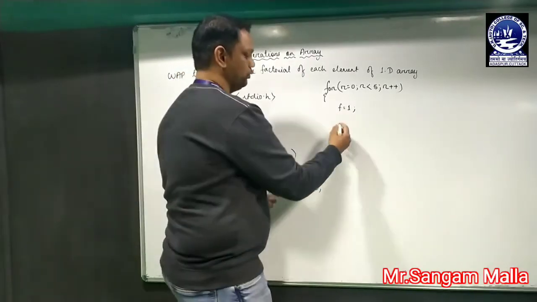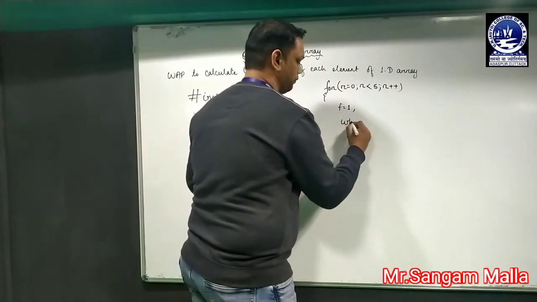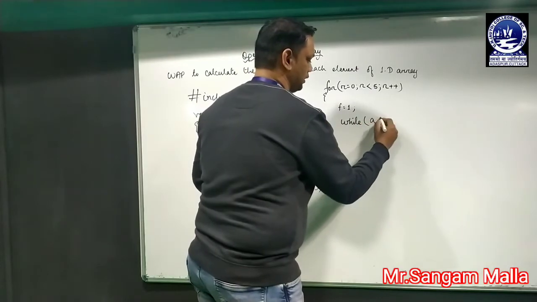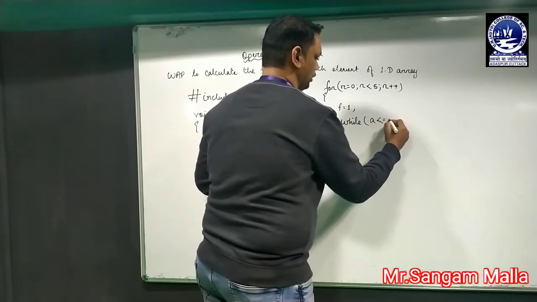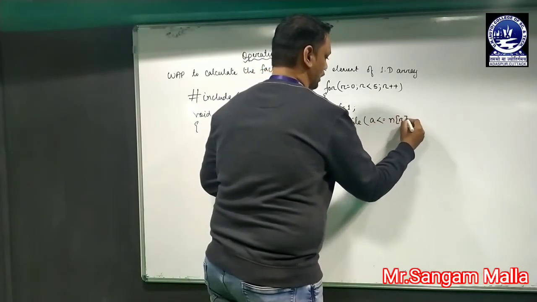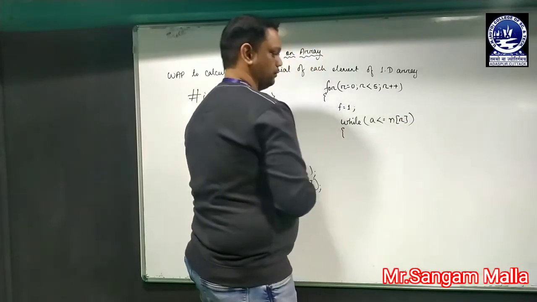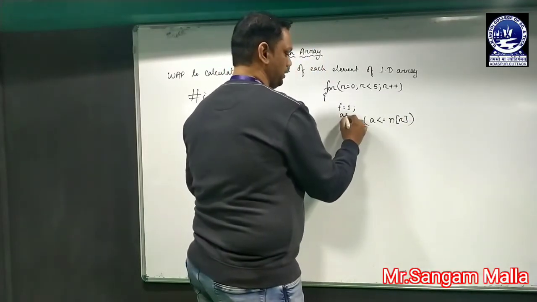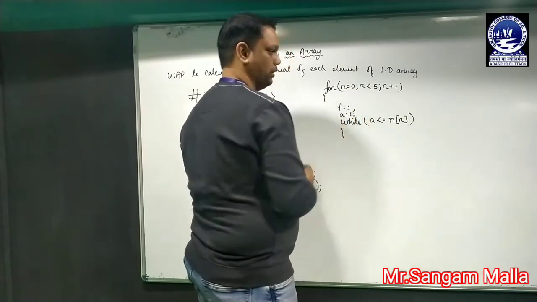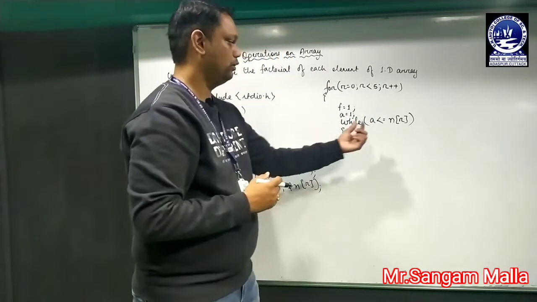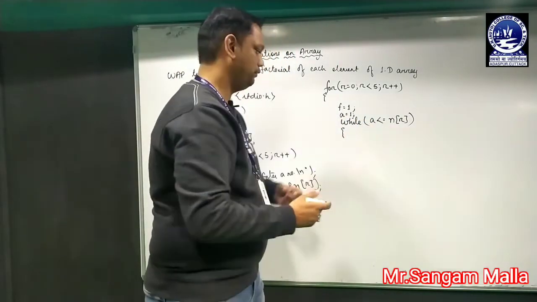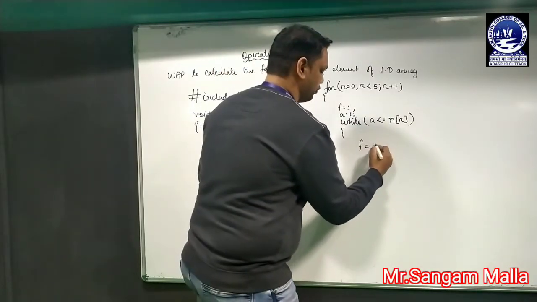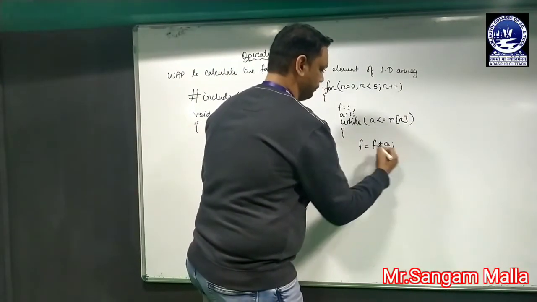So now we will be moving while a less than equal to n[r], where a will be initialized by 1. That means I will be moving from 1 to that number and calculating f equal to f into a.